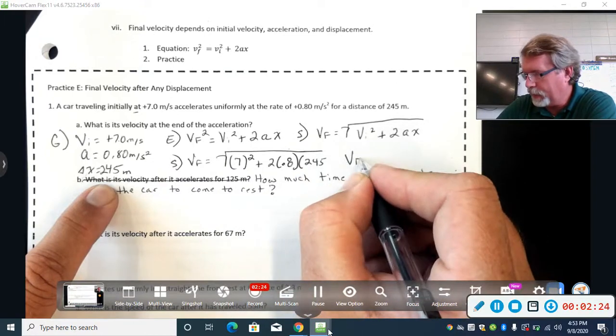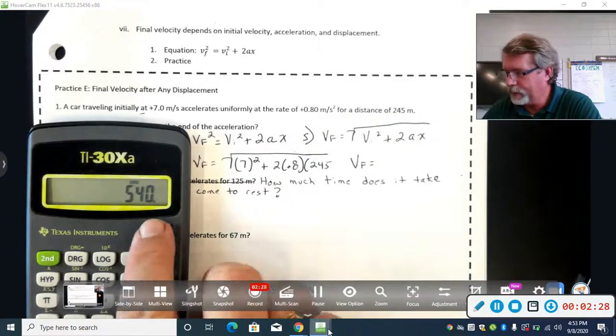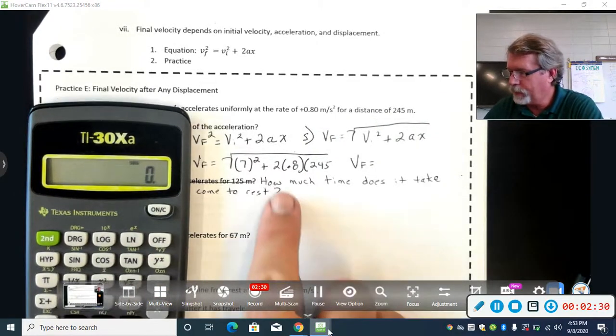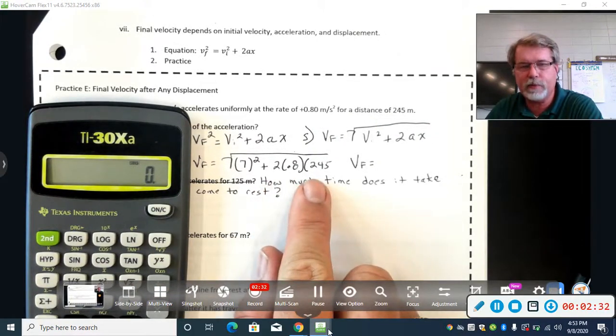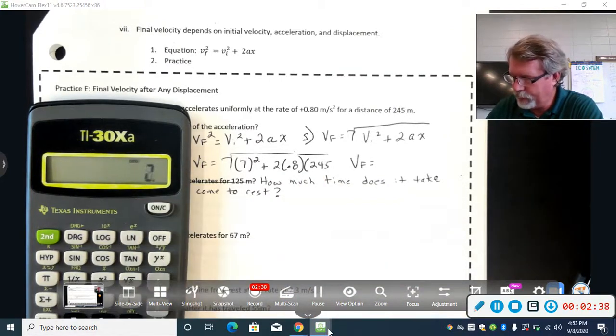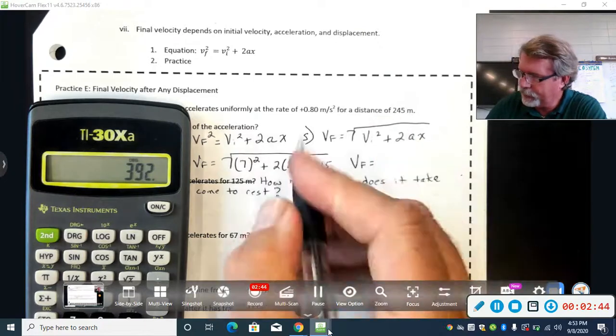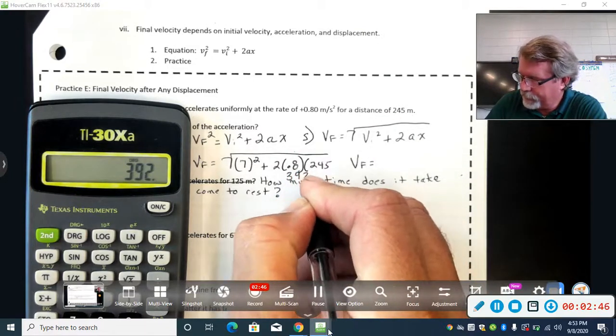I'll put all that in the calculator, doing the second portion first. 2 times 0.8 times 245 equals 392, and I'm going to make a little note of that.